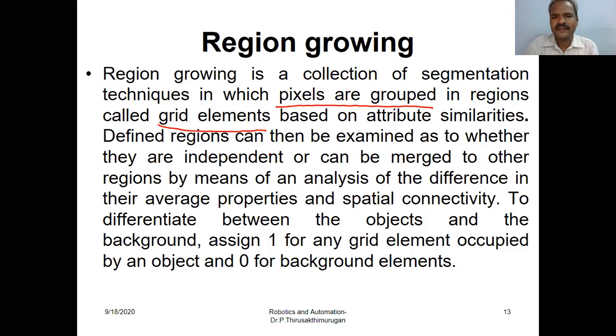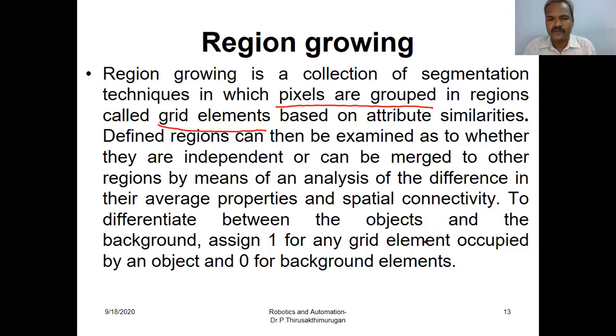First we have to define the regions in which the object image is available. The defined regions can be examined as to whether they are independent or can be merged with other regions by means of an analysis of the difference in the average. I will show with the image, then only you can understand.